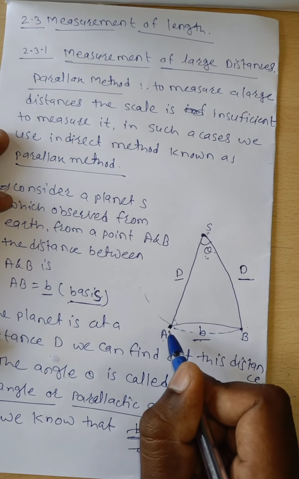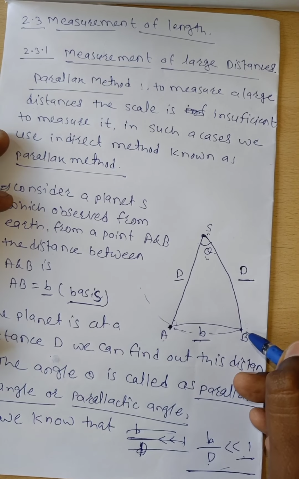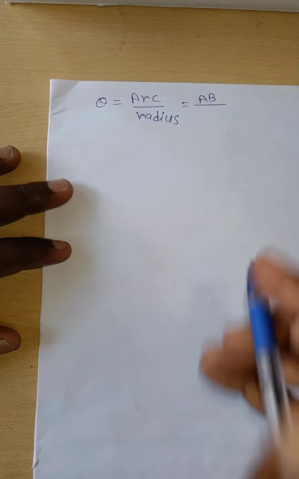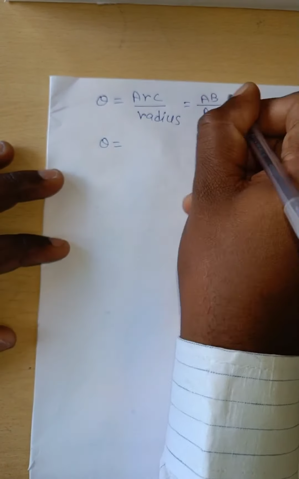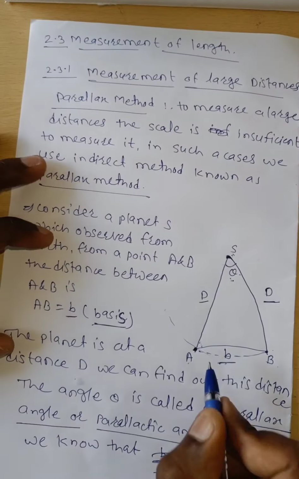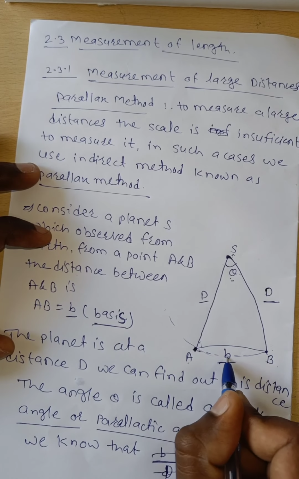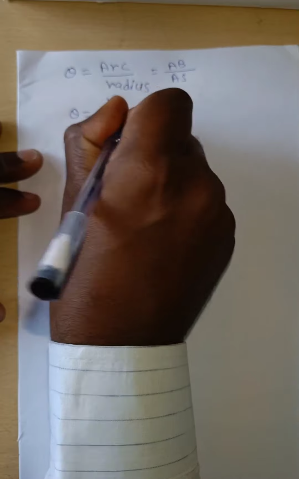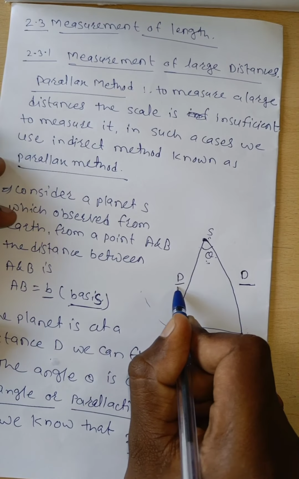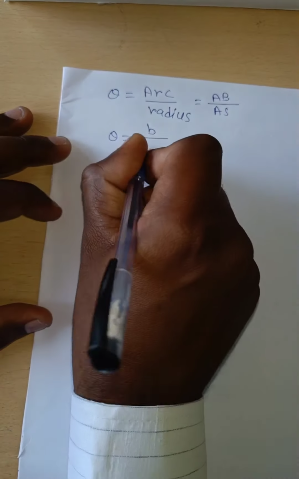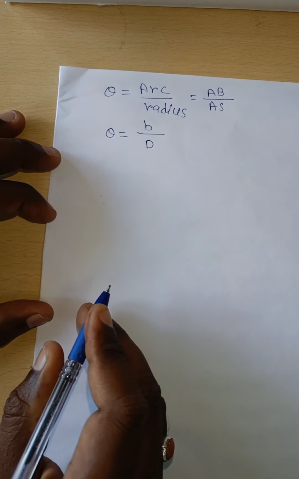Radius means either AS or SB. Therefore theta is equal to arc AB, which is the basis b, divided by the radius, which is D. Therefore theta is equal to b by capital D.